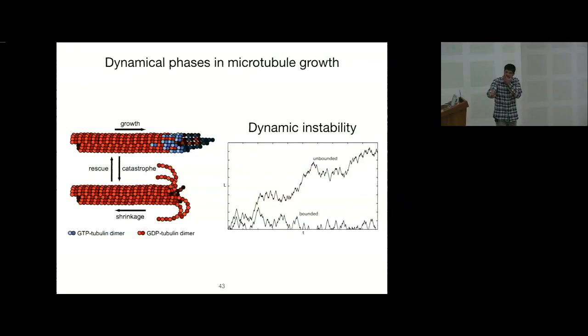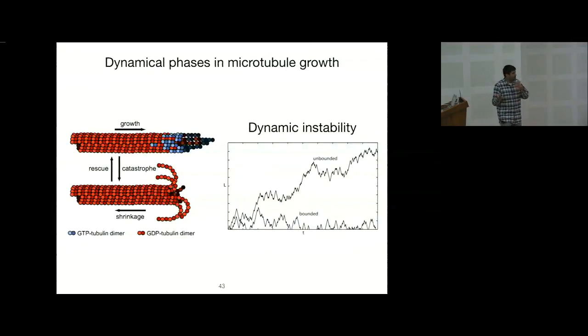This is a phosphorylated version of this nucleotide. And it turns out that if you have the blue GTP-bound monomers, the system can actually grow. But if this cap falls off, the system basically shrinks and falls off. Okay, so this is a very different dynamical process. But notice I've used the words rescue and catastrophe again over here.